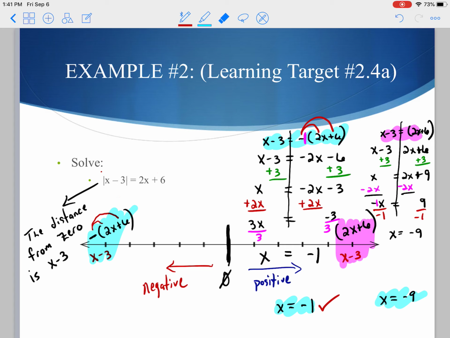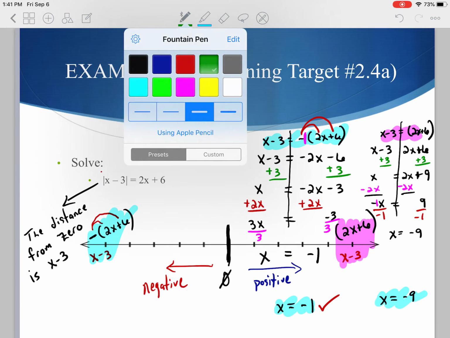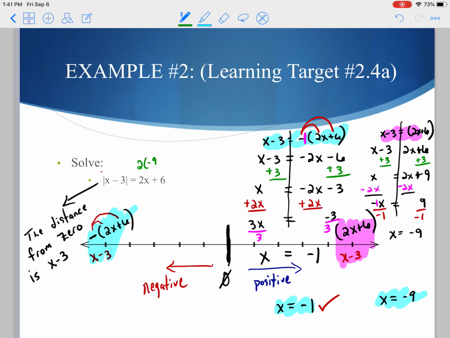In the second example, or second solution option, I have a negative 9. Well, if I substitute negative 9 for x, then I have a value of negative 12 on the right side of the equation. Well, I immediately know that absolute values represent positive distances. So if I have a value of negative 12, it does not mean that I solved for x incorrectly.